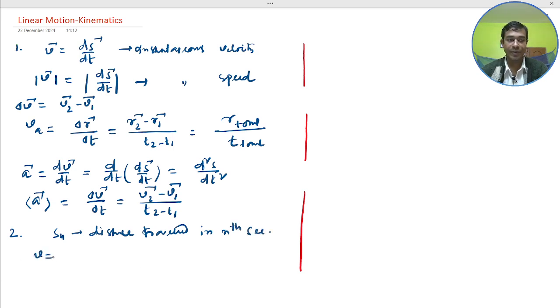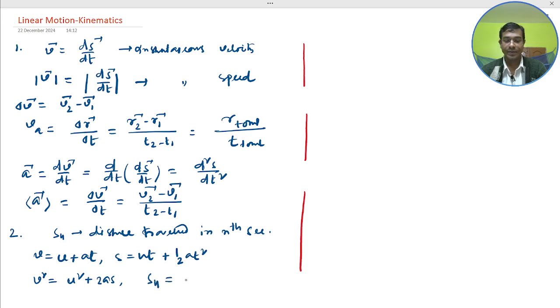So the equations of motion: v equal to u plus at, S equal to ut plus half at square, v square equal to u square plus 2as. Here we just consider acceleration; for deceleration it would be minus a. Next one is Sn equal to u plus a by 2 times (2n minus 1). So if velocity is increasing, a is positive, and if velocity is decreasing, a is negative.